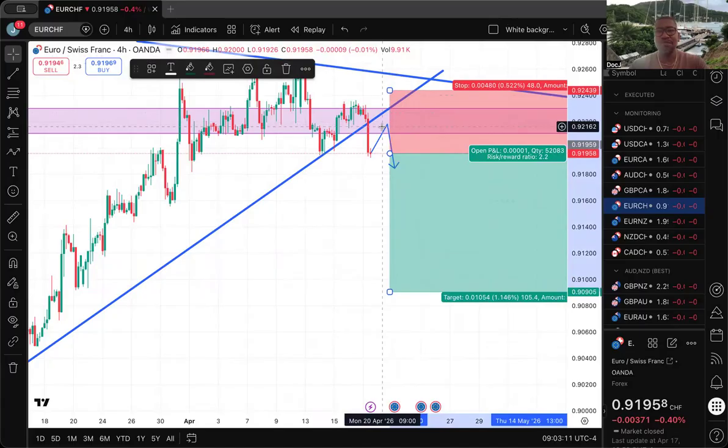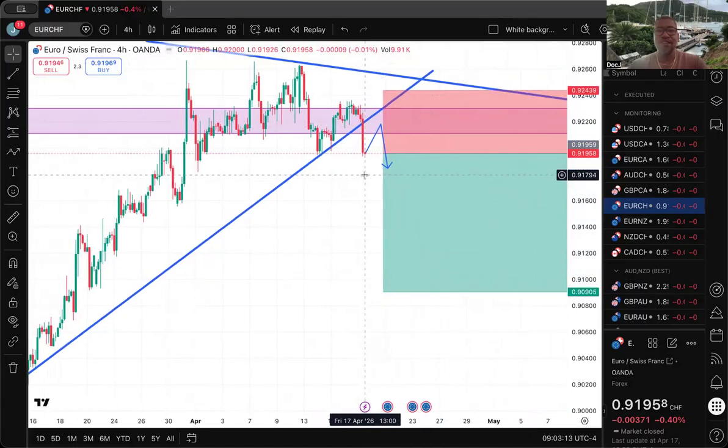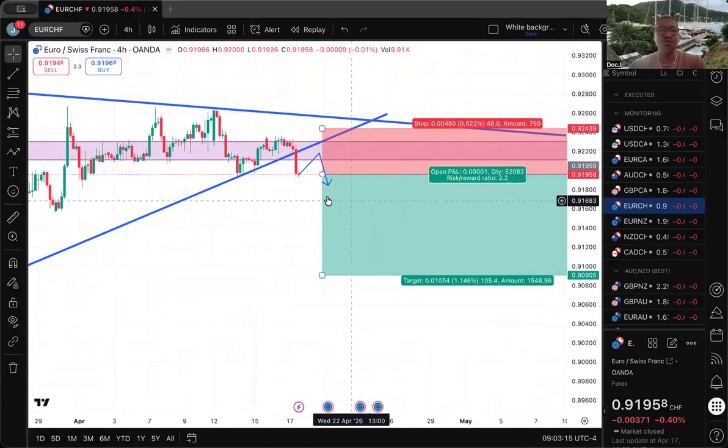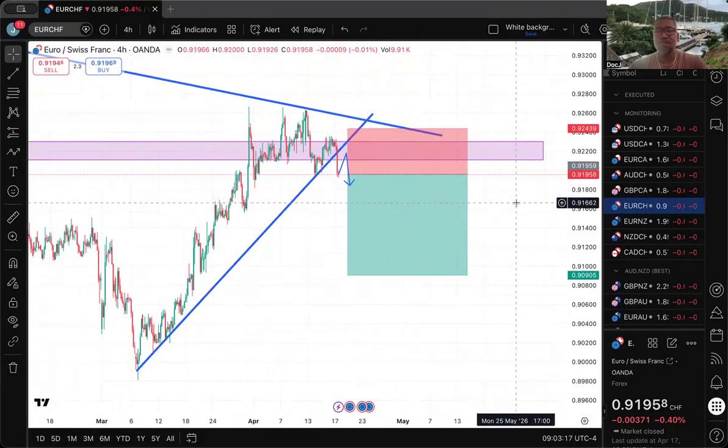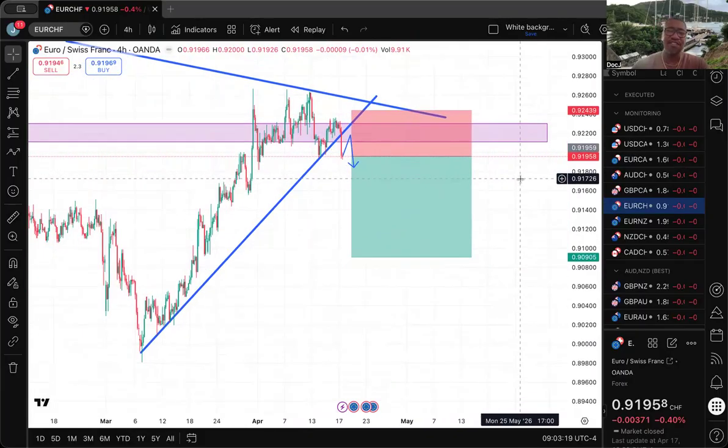Quick, simple. The hardest part, after you've found your strategy, or some people call it an edge, is to sit and wait for what you need to happen. And then when it does, you execute. It's as simple as that.